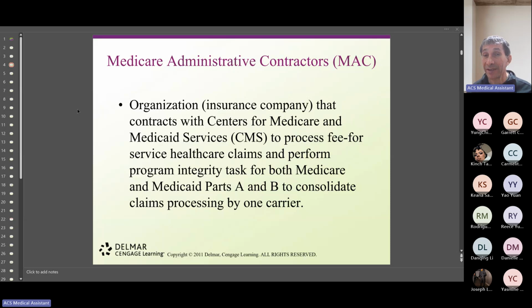You need to know what CMS is, the Centers for Medicare and Medicaid Services, because these are the organizations that have to do with reimbursement and payments for the government. That's why we have the CMS 1500 format, which is the most common claim for reimbursement.